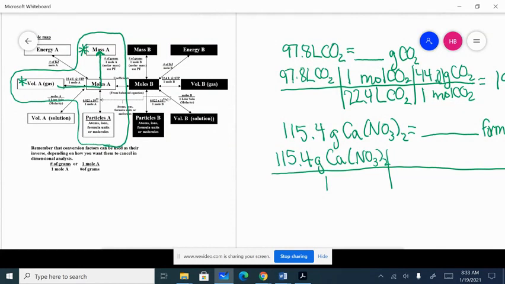This time, I'm starting in grams up here, which is a mass. And I'm asked to find formula units, which is in this particles box.